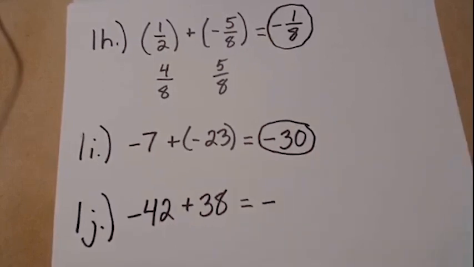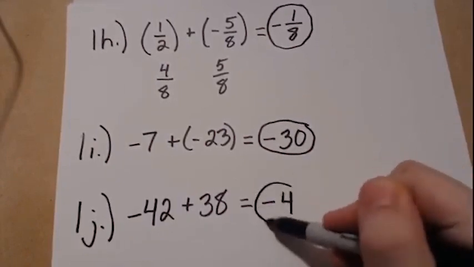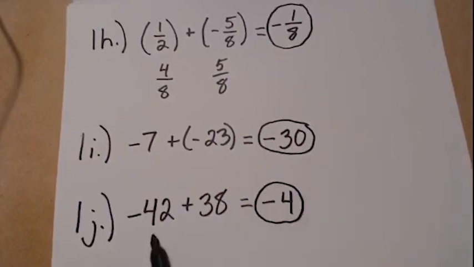That comes from a negative number, so our answer will be negative. 42 minus 38, subtracting the two absolute values, gives us 4. So our answer is negative 4. If we think about the number line, we start at negative 42, move 38 to the right. It's not quite enough to get us to 0, so we have a negative number that is much closer to 0 than negative 42.